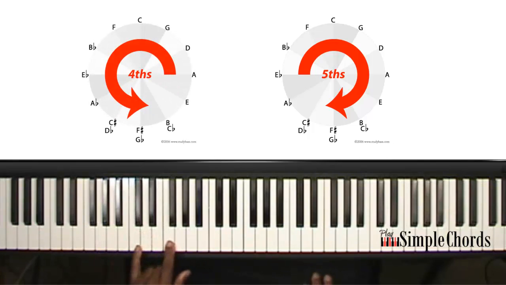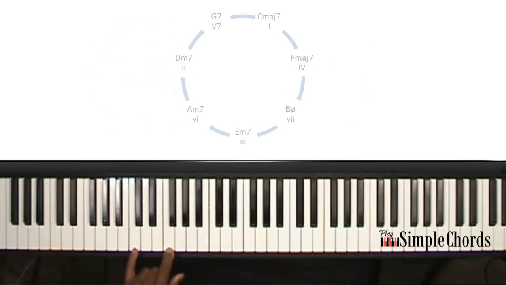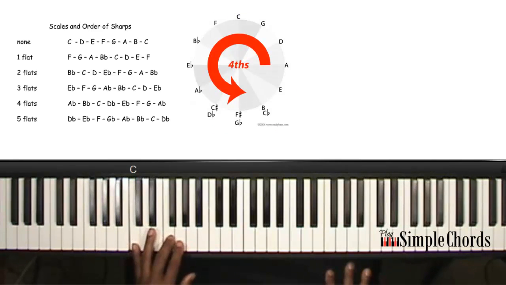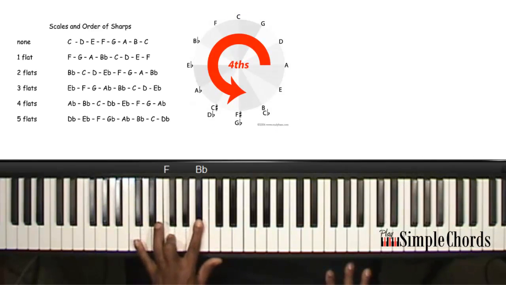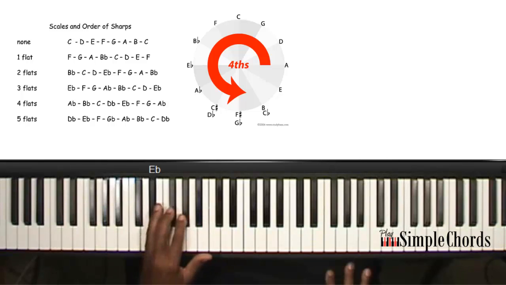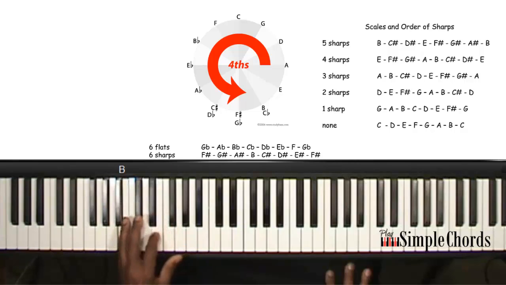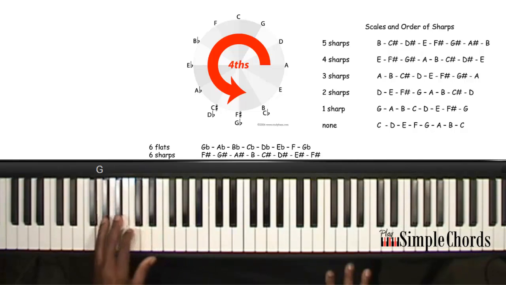For this example, I'm going to go in fourths because that's what I did when I put the chords in the scale arranged in fourths. So you would go C, to F, to B flat, to E flat, A flat, D flat, G flat, B, E, A, D, G, and back to C.